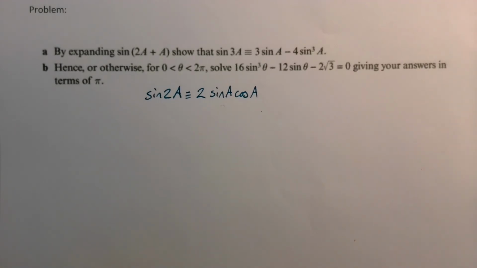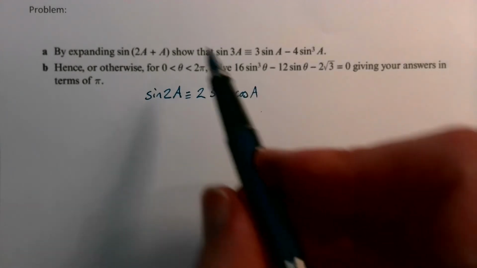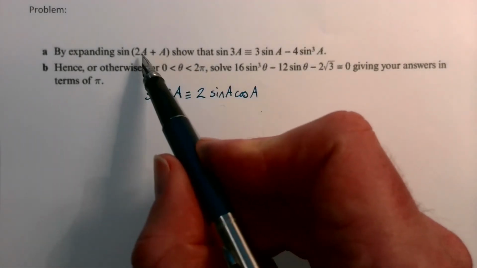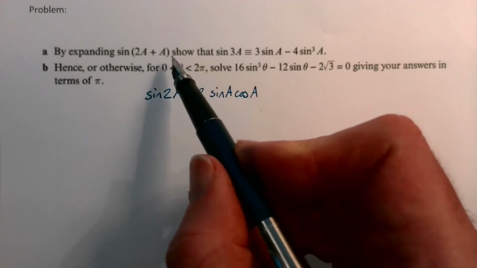Right, so some of what's going on here. We know we're going to be using this at some point, but first of all, this is the addition formula here, isn't it? So we're going to write out the whole of the addition formula.